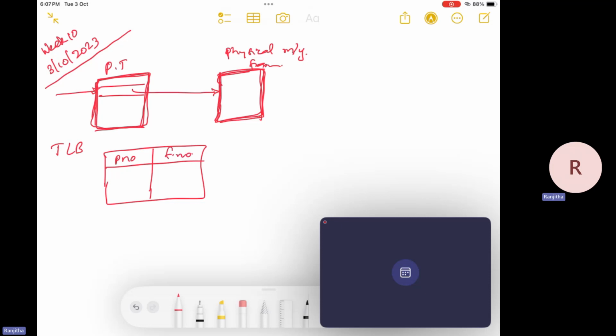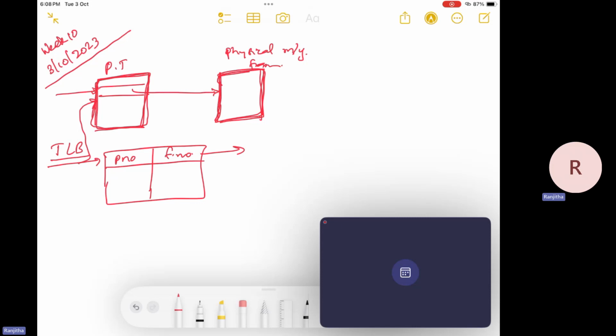So when a process is executing, from the CPU the address will go to both the TLB and also the page table. And if an entry is found in the TLB, that particular frame will be taken and then processing will continue. Otherwise, the information will be retrieved from the page table and then the execution continues.